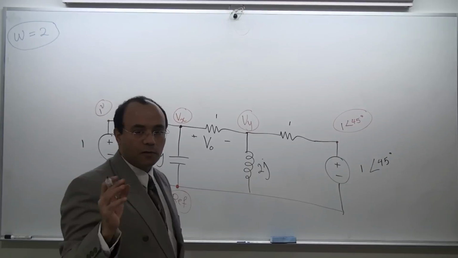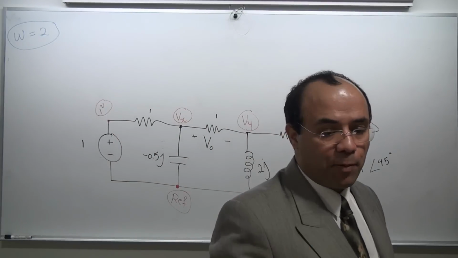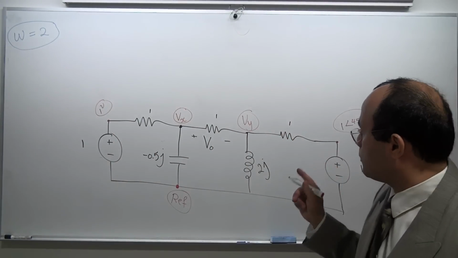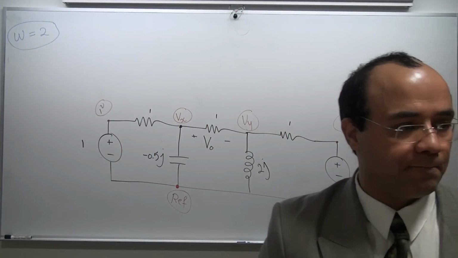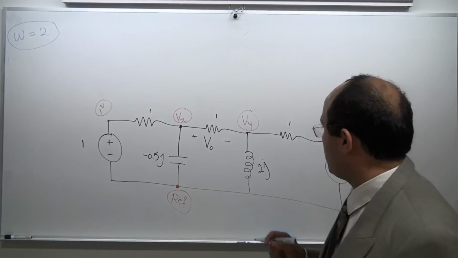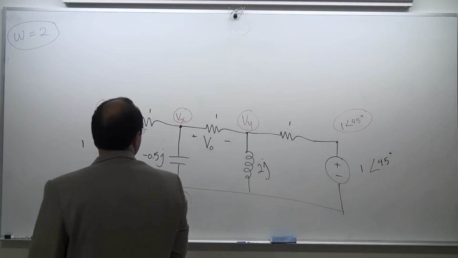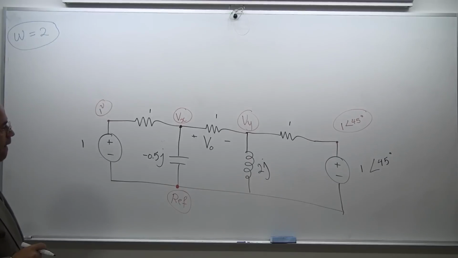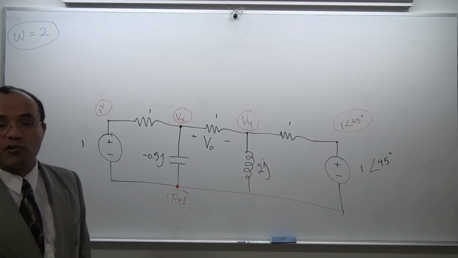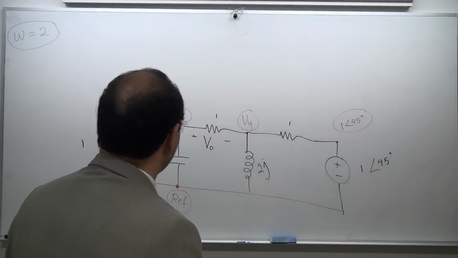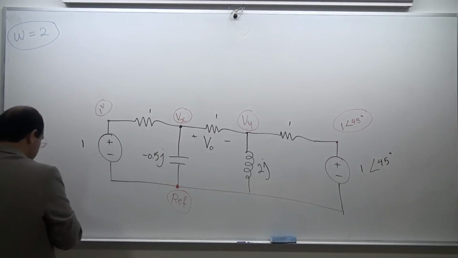I also know what my game plan is. My game plan is Vo equals Vx minus Vy. So if I do Vx minus Vy, I've got myself Vo. I need 2 equations for 2 unknowns. That's the only unknown I have. So let's do the Vx first.